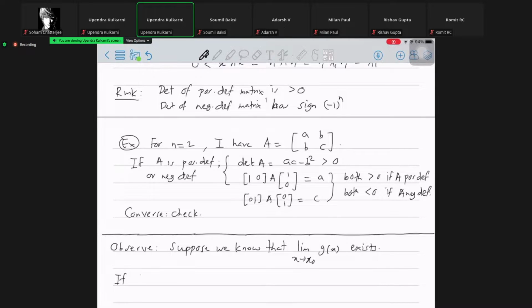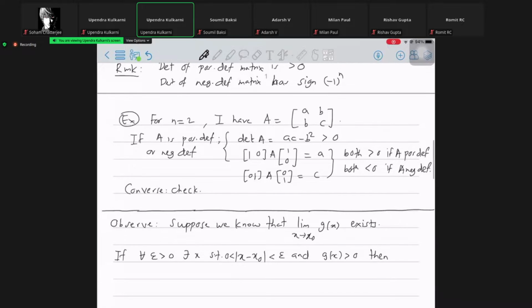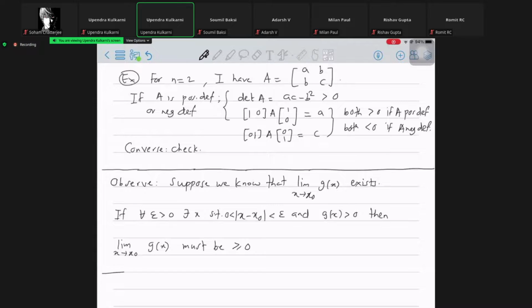If for all epsilon greater than 0, there exists x at distance less than epsilon from x naught, and g of x is greater than 0, then the limit is greater than or equal to 0.